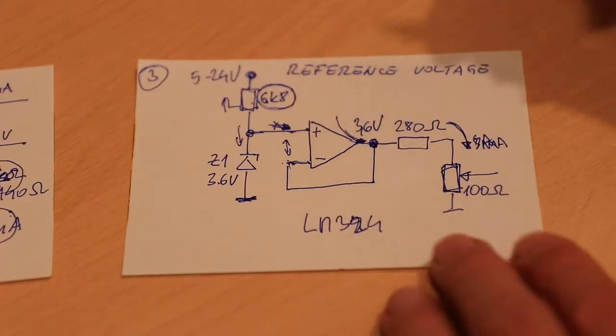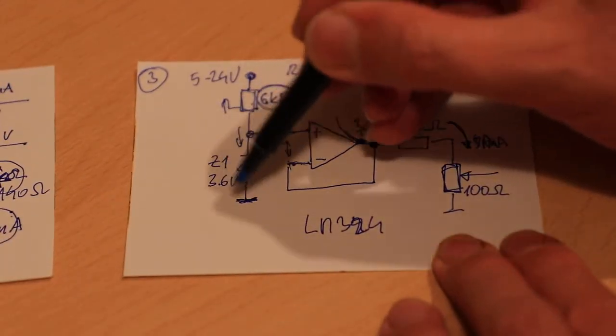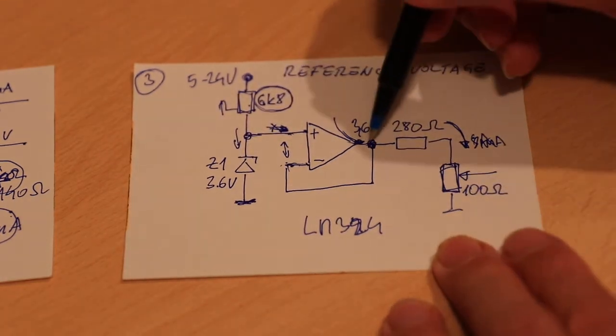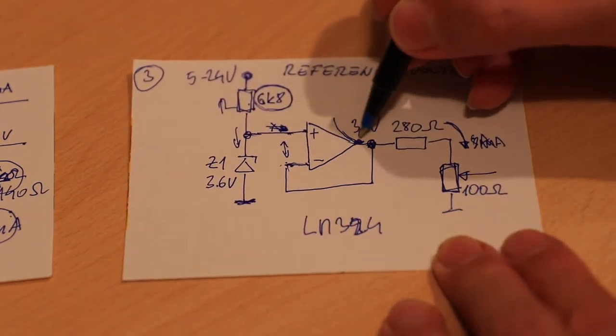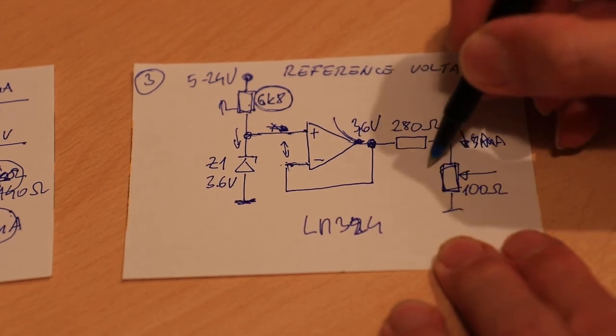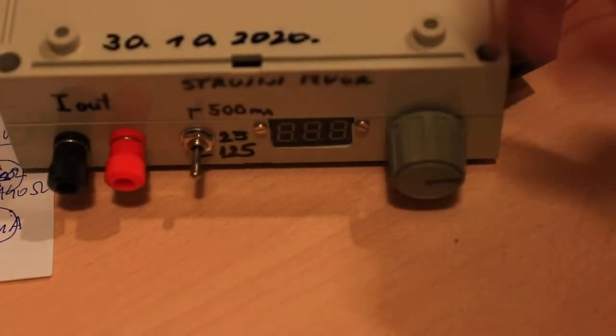So, although the current for our zener diode will change, the operational amplifier will give the current to our reference potentiometer for regulating output current.